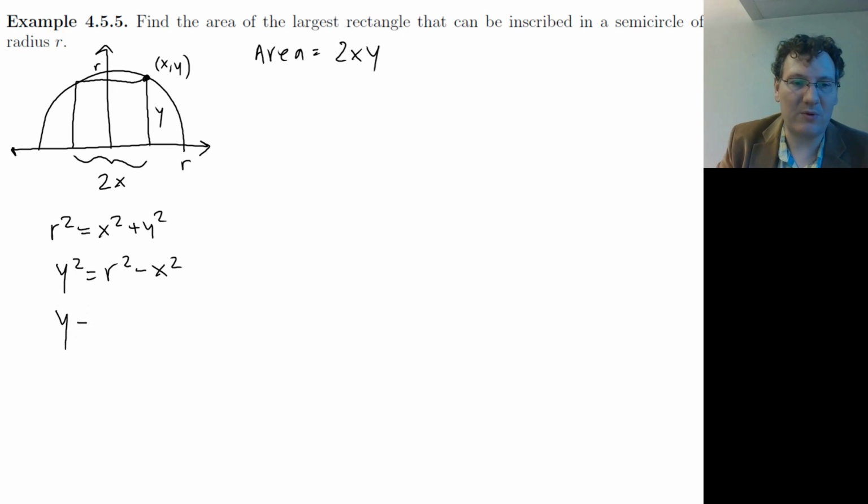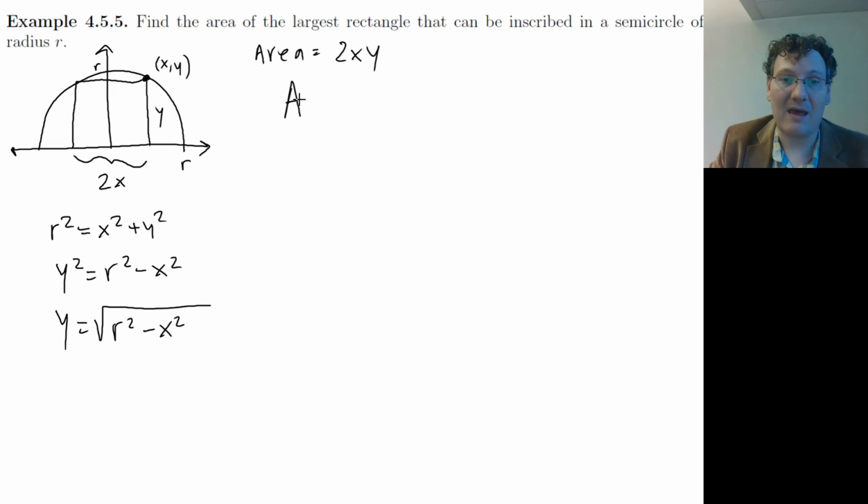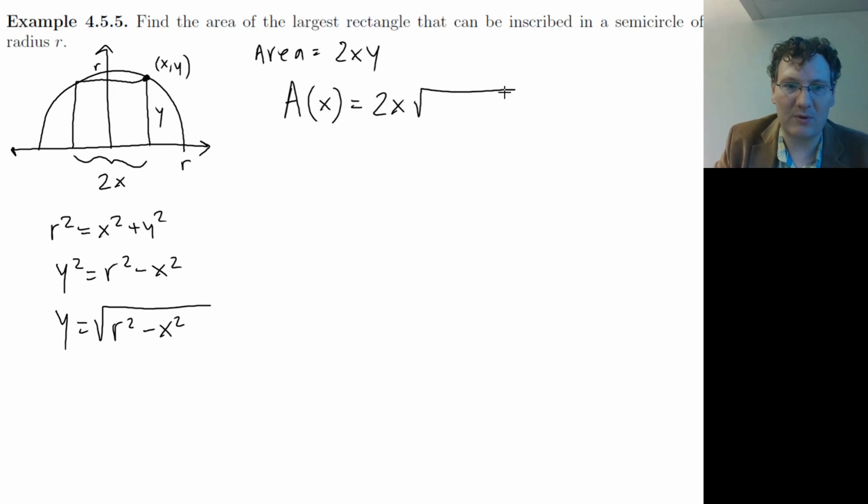If I take a square root, I get the function that gives me just the top half of the circle, the semicircle. So I can write A of x, the area when I'm at x, is 2x times the square root of r squared minus x squared.